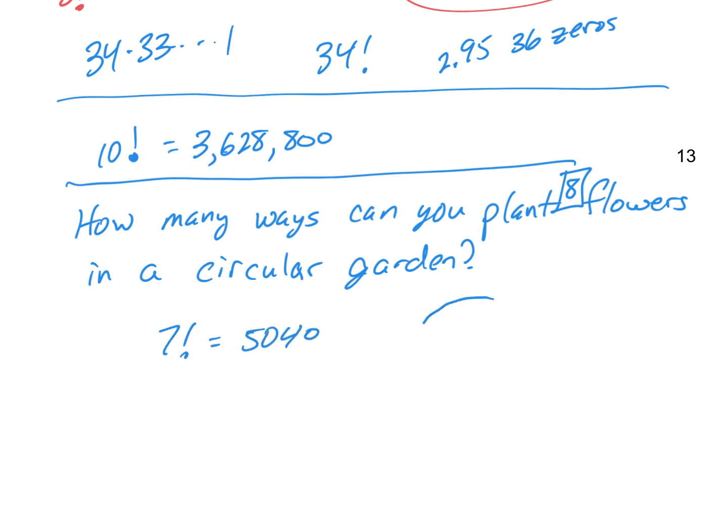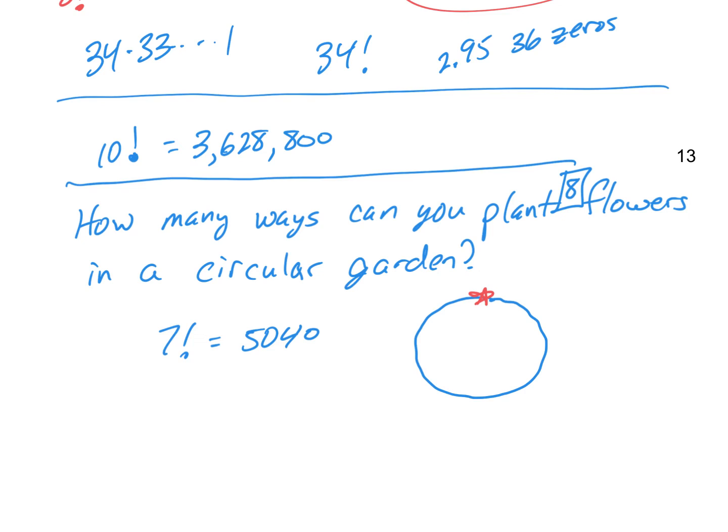And basically what happens if I make a circle, you have to take one of the flowers first and actually plant it. Once that flower is planted, we now can choose the next one, where we have 7 choices. Okay?